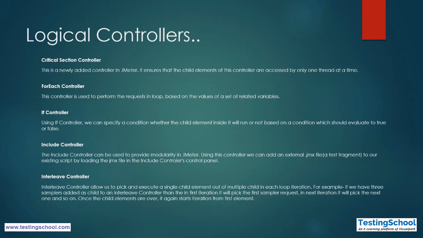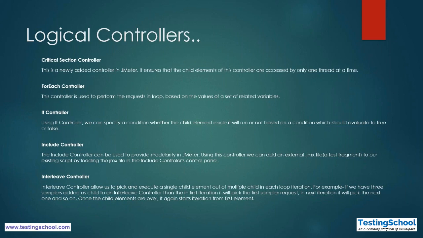Next is the if controller. The if controller should be used when we can specify a specific condition for when a section should be executed, and if that condition is not met, that section should not be executed.